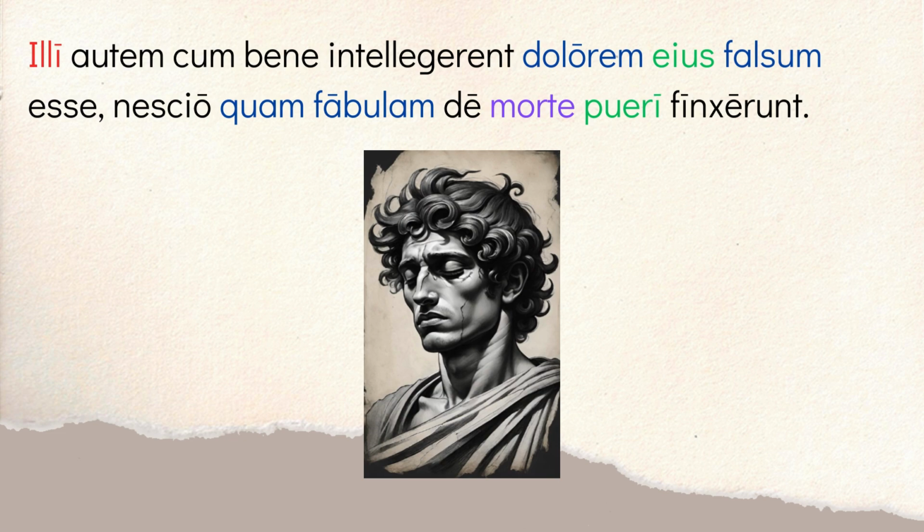And it just means like some kind of made up story is really what it's getting at. So they made up a kind of a fake story, de morte pueri, about the death of the boy. And again, that nescio quam fabulam is just like a turn of phrase. I don't know what. So is really kind of how you translate it. But they make up a story about his death, right? So they tell the story about Jason dying, like, yeah, don't worry about it, boss.